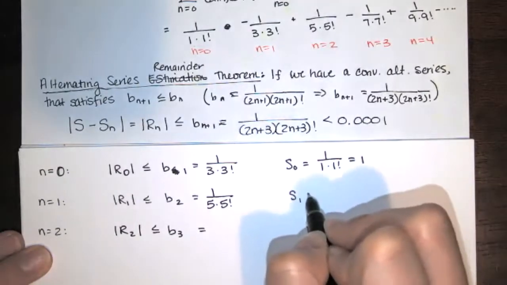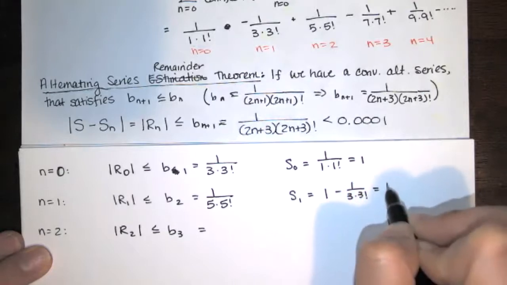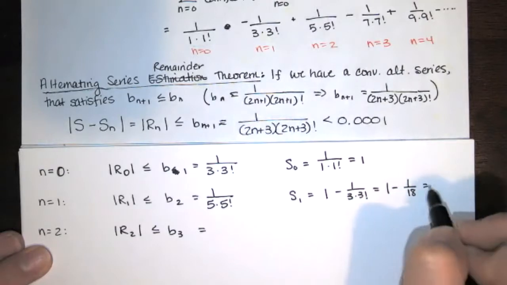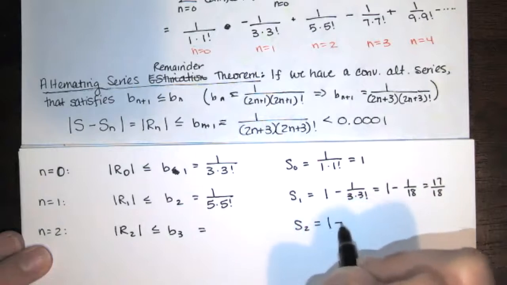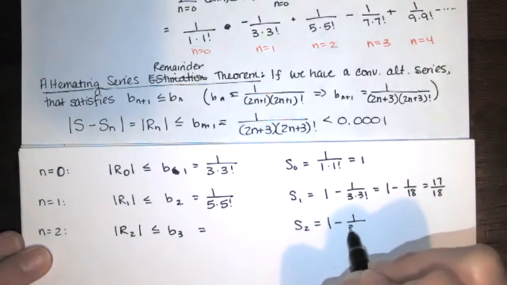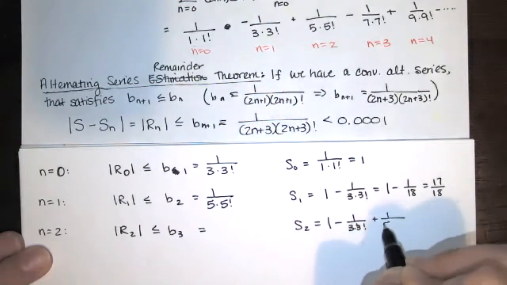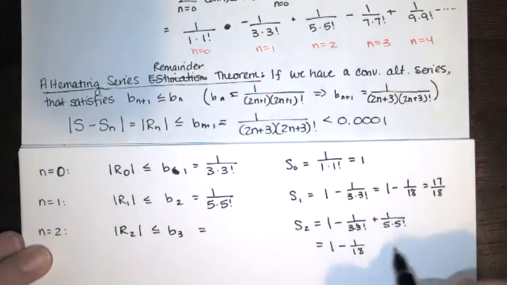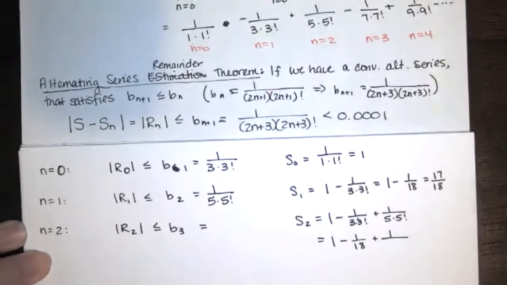The first partial sum is 1 minus 1 over 3 times 3 factorial, or 1 minus 1 over 18, or 17 over 18. Here we'd have 1 minus 1 over 3 times 3 factorial plus 1 over 5 times 5 factorial. So that's 1 minus 1 over 18 plus, what's 5 times 5 factorial? I don't even know.